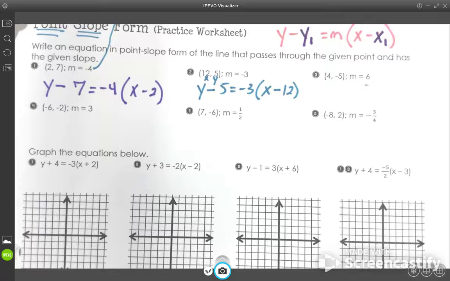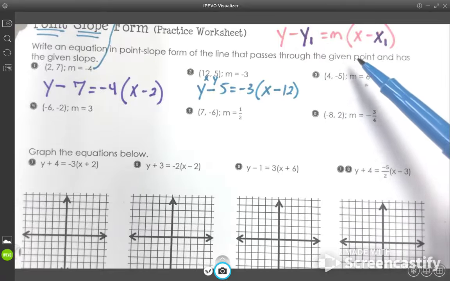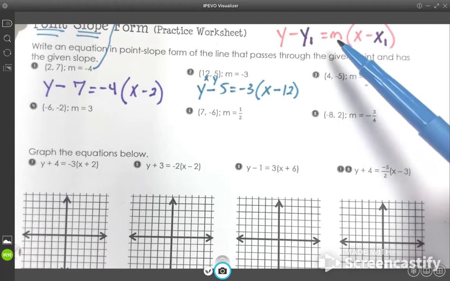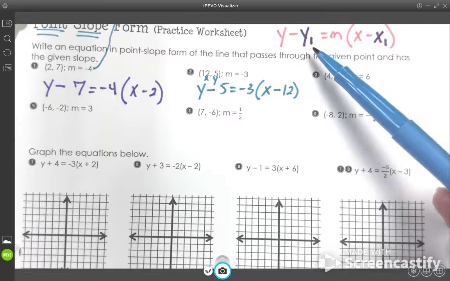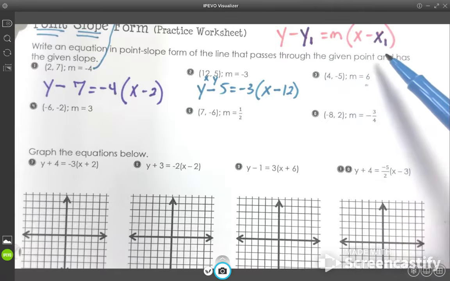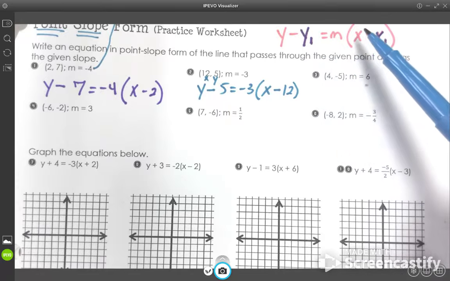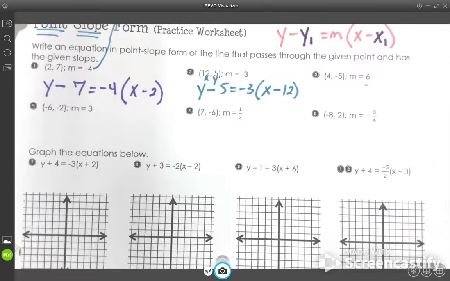The more you say this type of linear equation in your head as you're writing it, the easier it's going to feel. So as you heard me saying, y minus the y coordinate equals the slope times x minus the x coordinate. Say that in your head as you're going, or y minus y1 equals m times x minus x1.